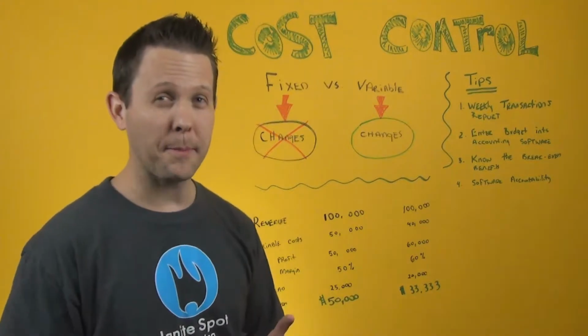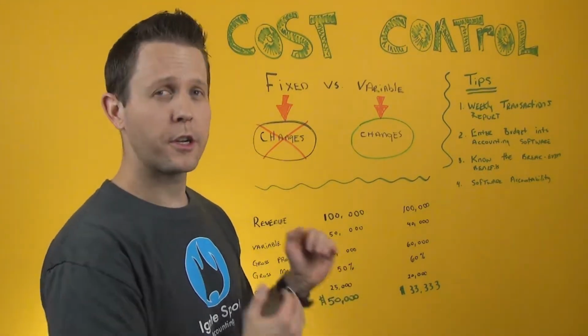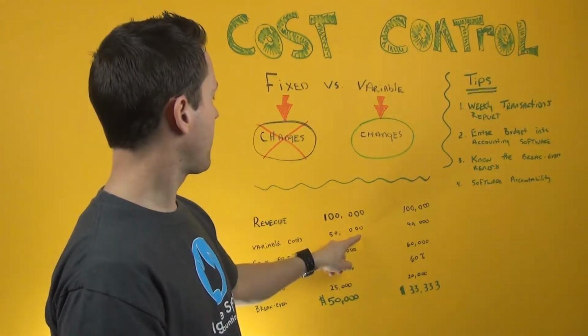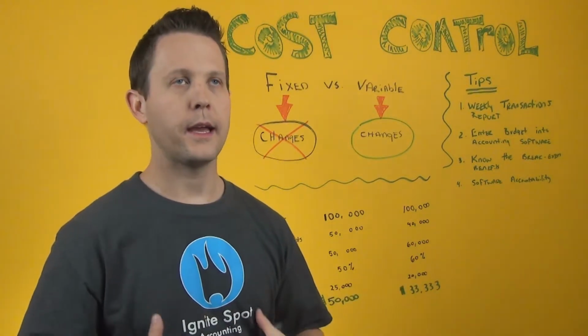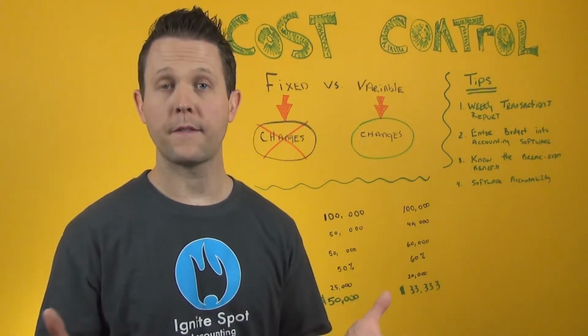Now, watch what happens if you own this business. If you make just a few small changes to your variable costs and your fixed costs, watch what happens. So we're going to say that their variable costs go from $50,000 down to $40,000. In my mind, maybe this company sells a product that costs them $5 to make.